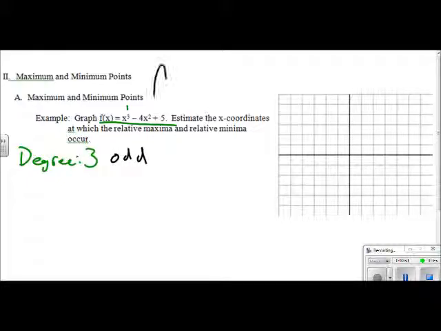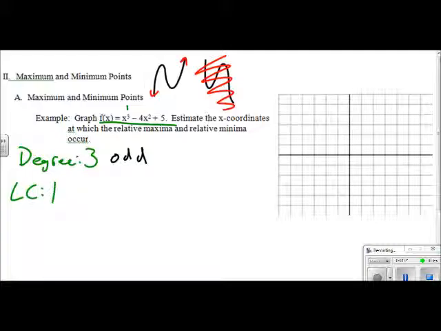And it's either going to look like this, or it's going to look something like this. The way to determine which one it is, we have to look at the leading coefficient, which is +1. Since we know it's positive, then we know that it's going to start going down and end up going up. So it's not going to be this one. Start going down, end up going up. So we know how it's going to look, at least somewhat.